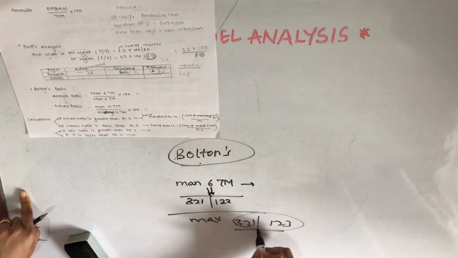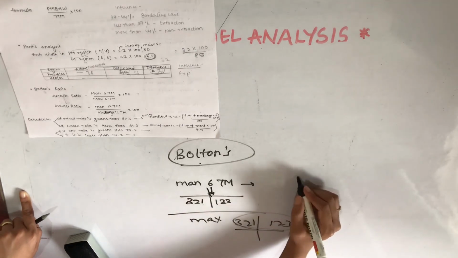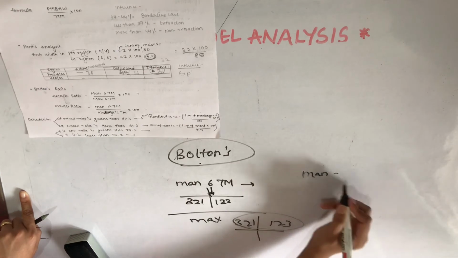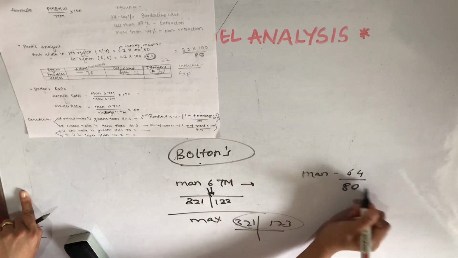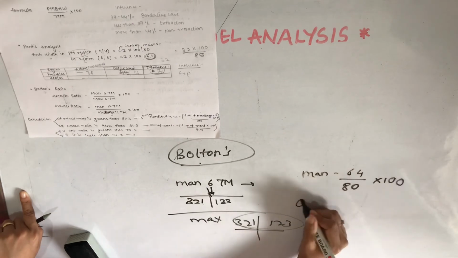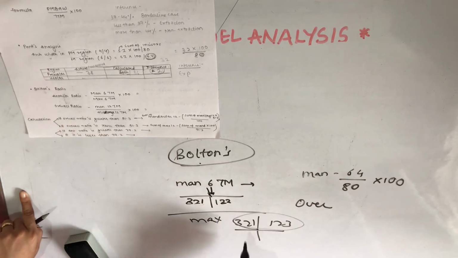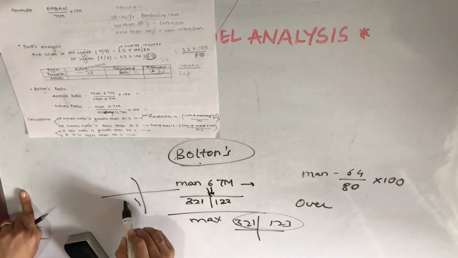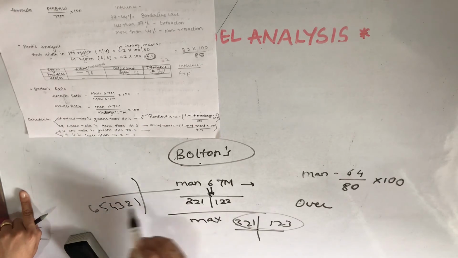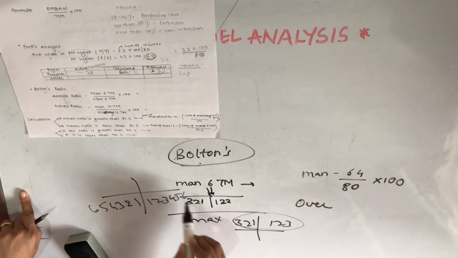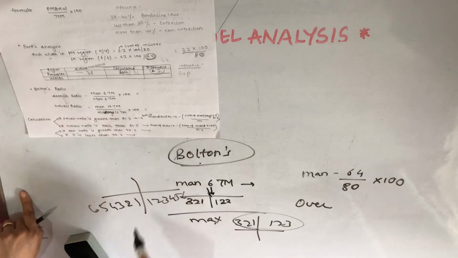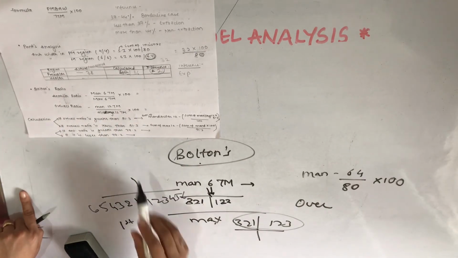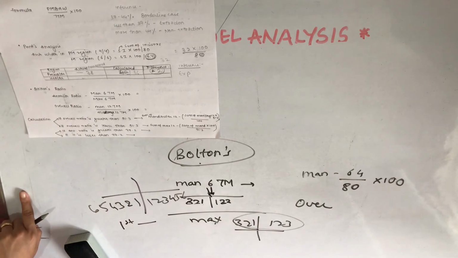You're going to measure it and then write the measurement, so mandible for example is 64 and maxilla is 80, into 100. And overall ratio is for 12 teeth. So you're going to calculate 1 to 6 and 1 to 6 for mandible, and for maxilla it is the same, from first molar to first molar, into 100. So this is your overall ratio.